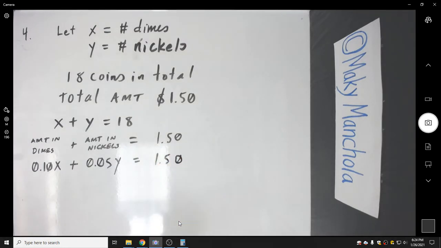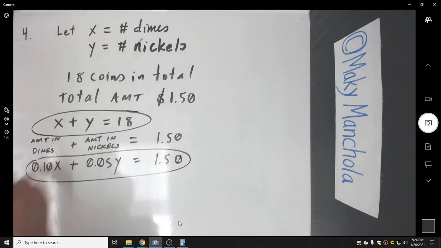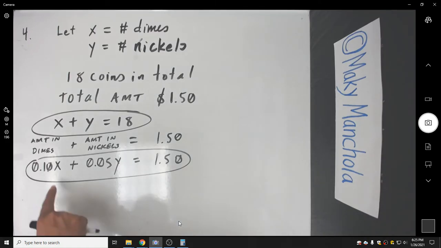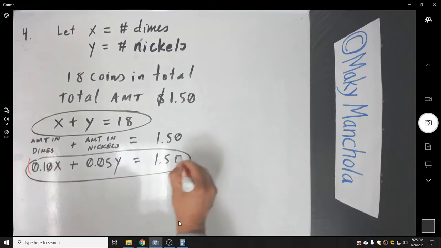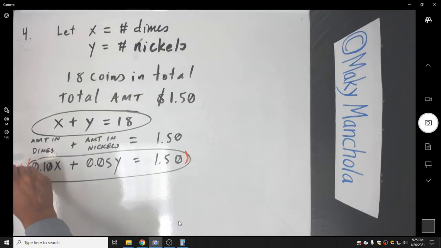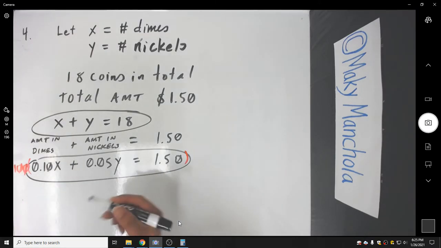Okay, so here we have two linear equations, two variables. What we want to do is solve for those variables. Before we begin, we should clean the mess down here. Let's get rid of those decimals. Multiply the second equation by 100. That will remove all the decimals in that equation. So what do we get from that? 100 times 0.10 gives you 10.